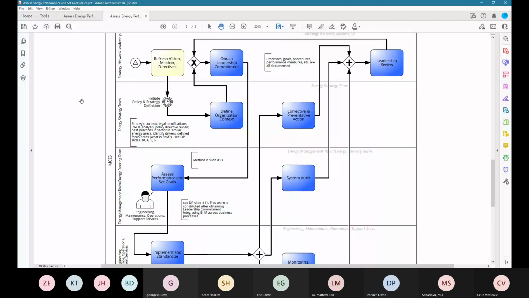So essentially what we do here is we start with a periodic refresh of the organization's overall strategic mission, vision, values process.